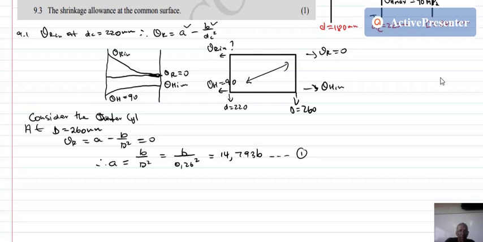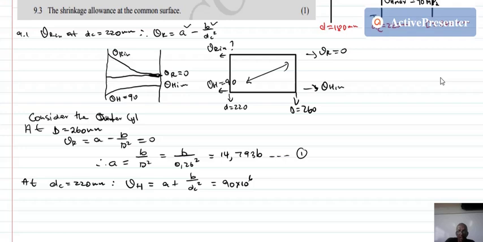Then I'll be going inside, saying at DC, which is 220 millimeters. Therefore my hoop stress, because they give me the hoop stress, is A plus B over DC squared, which is the same as 90 times 10 to the power 6. It will be 90 because it's tensile.